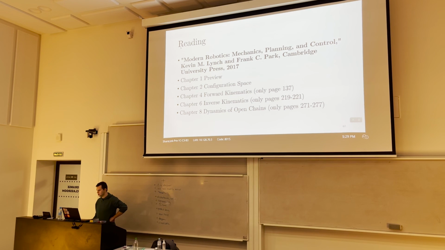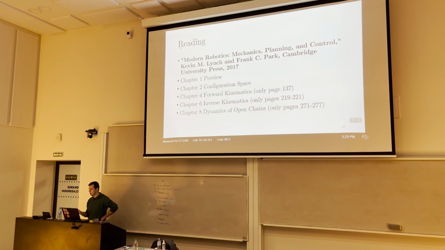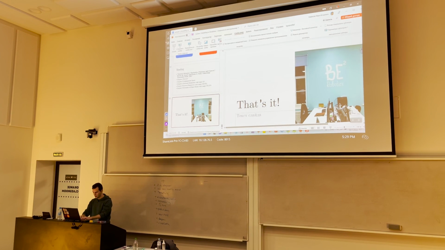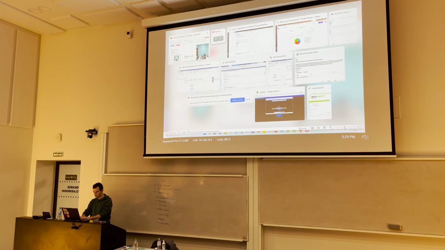Here I mentioned only a few pages, and it's something that I will explain to you during the third lecture, but it will be much easier for you if you read it first. And then we will cover it during the lecture. In this case, it will be much easier for me and for you to cover this topic. Okay, that's it with the first lesson, and now we will go to the second one.